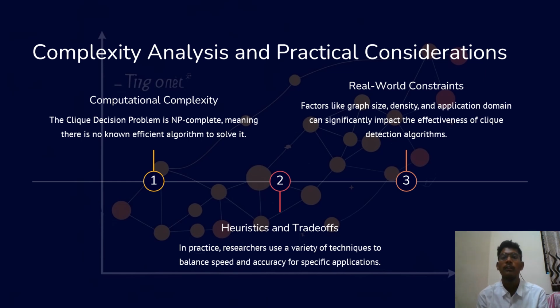Real-world constraints. Factors like graph size, density, and application domain can significantly impact the effectiveness of clique detection algorithms.